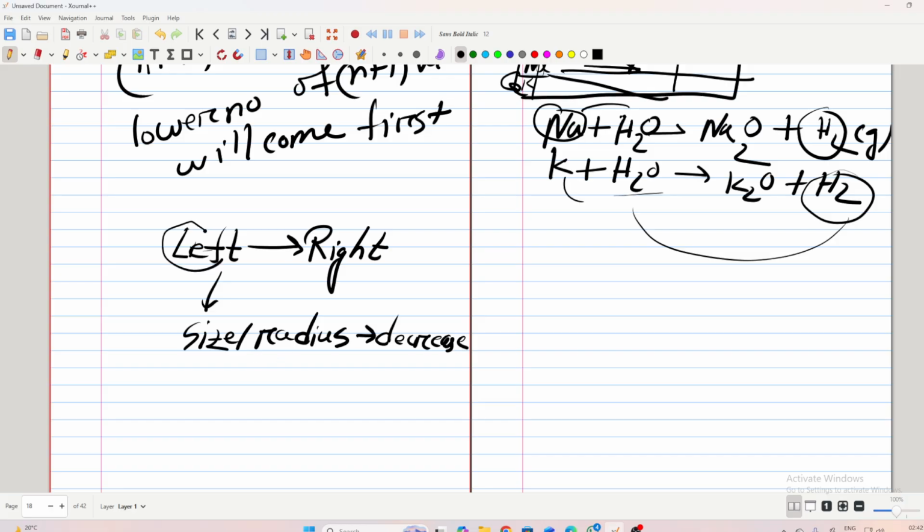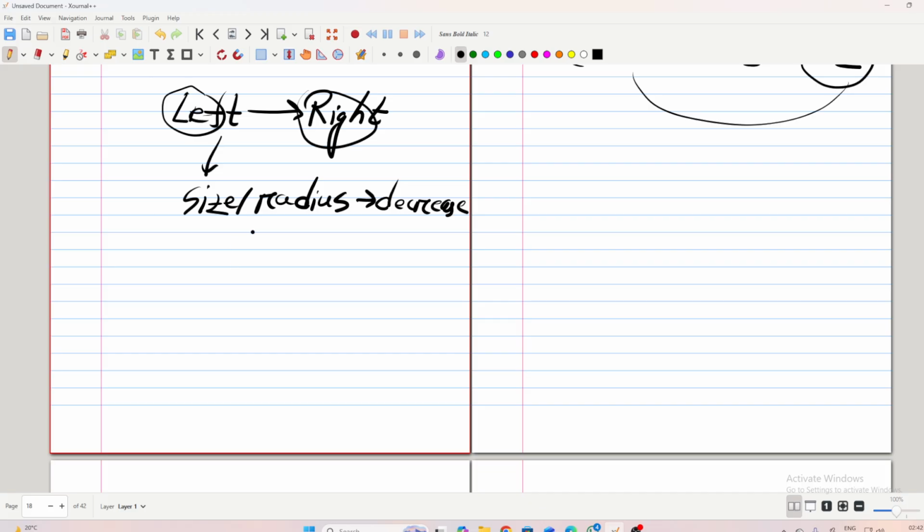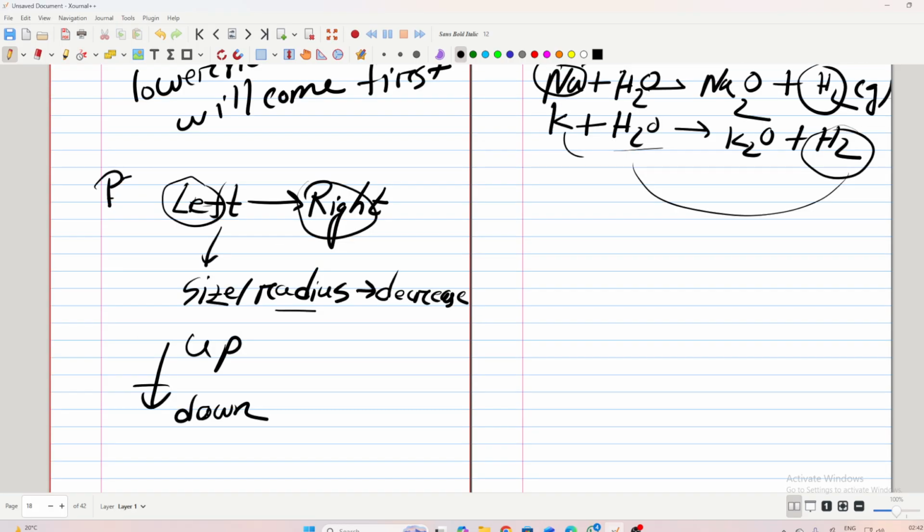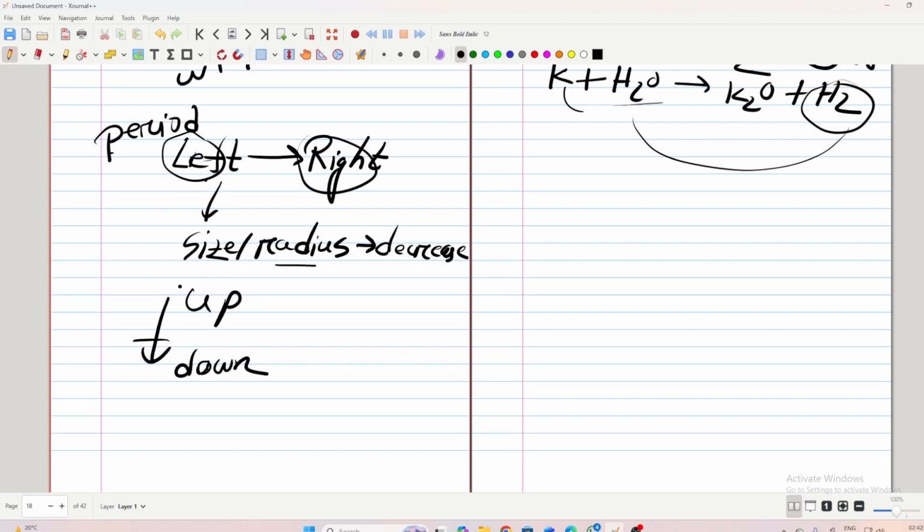So from left to right, the size decreases, or if you go up to down in a group, the size increases. Am I clear?